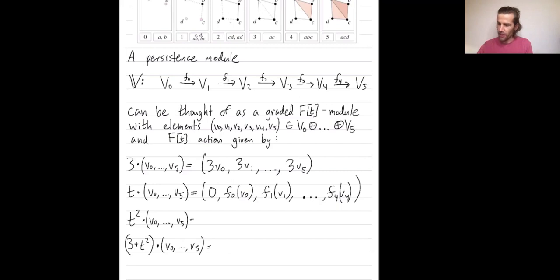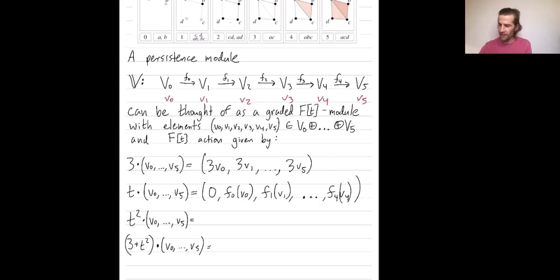Let me try to diagram it out here. So I have little v0, little v1, little v2, little v3, little v4, and little v5. And little v0 is in capital V0, etc. Acting by T does the following. It takes all of these elements and shifts them over.